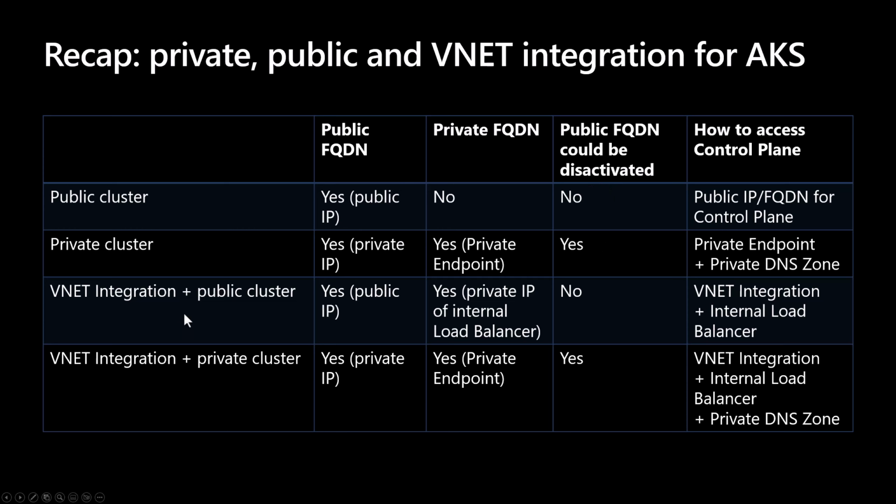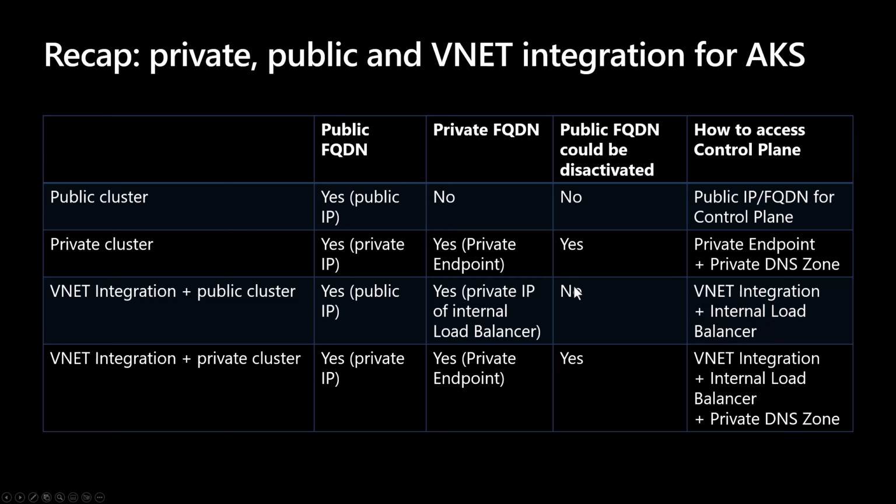For VNet integration, we have two modes: VNet integration with a public cluster and with a private cluster. With a public cluster, you have a public FQDN that resolves to a public IP, and you do have a private FQDN with a private IP for the internal load balancer, because in VNet integration an internal load balancer is created for you.